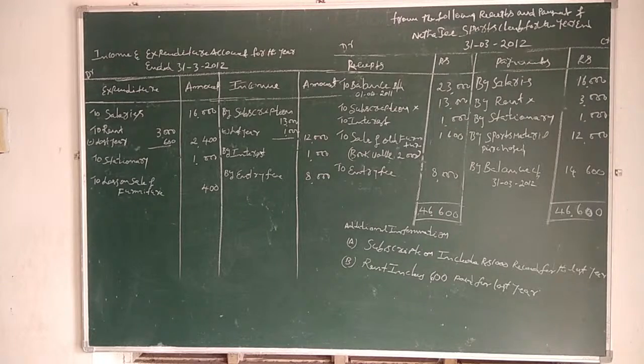to rent 2,400, then to stationery 1,000, to loss on sale of furniture rupees 400.